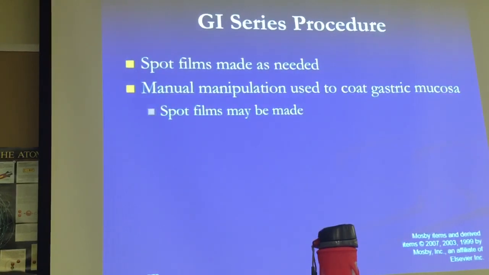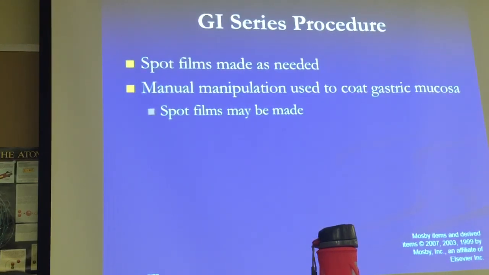Manual manipulation is used to coat the gastric mucosa. So what they will do is, have you seen, those of you who have done fluoro, a paddle that looks like a racket with a little balloon in the middle? Imagine this is round, and you have a balloon in the middle, and it has a paddle.